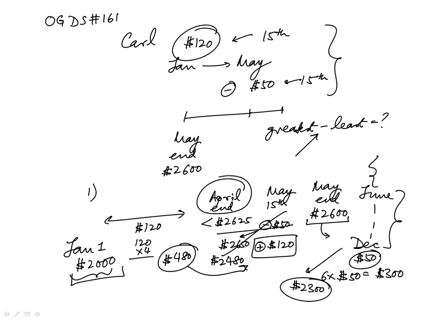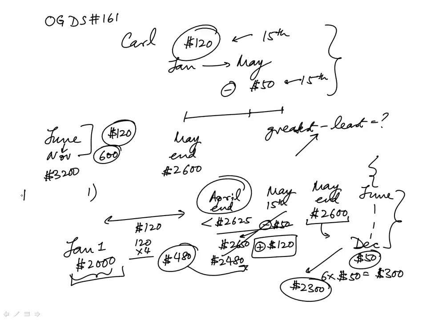But if I say that deposits were made from say June till November, then I have 5 more months of deposits of $120, and my balance would then go up by another $600, and it would be $3,200.